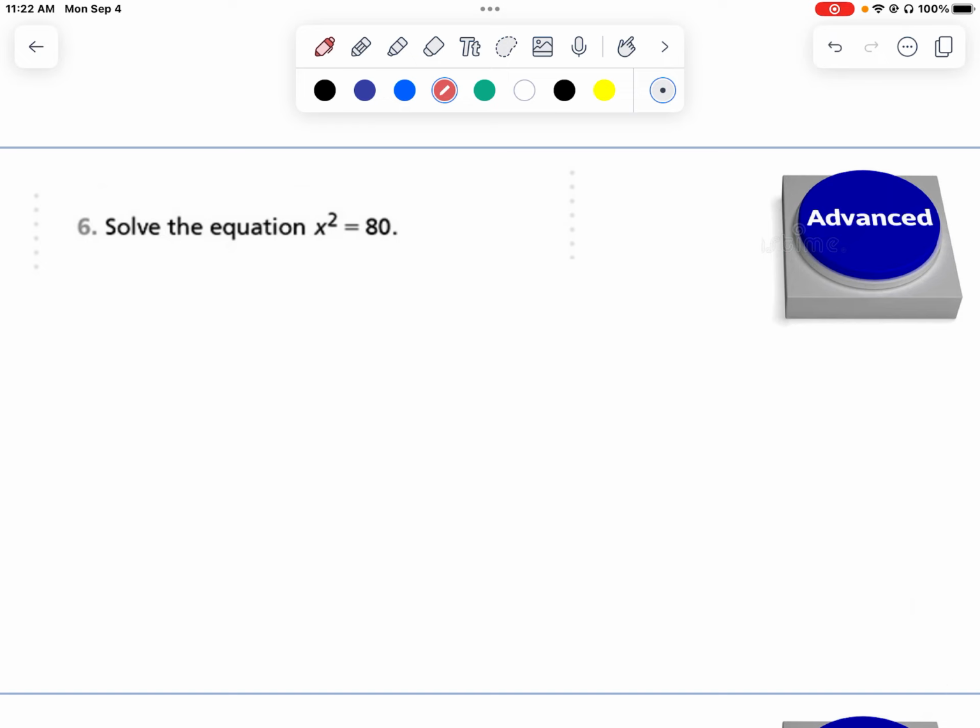Did this one stump you? Because if we're taking the square root and solving it, we're going to take the square root of this side and the square root of this side.